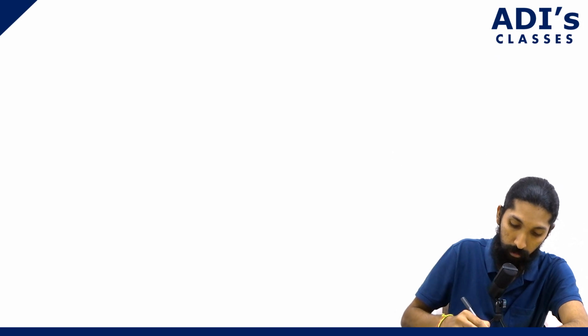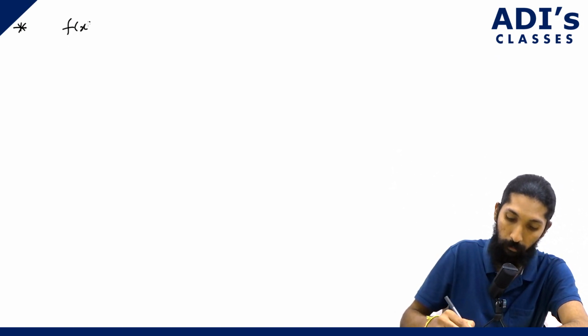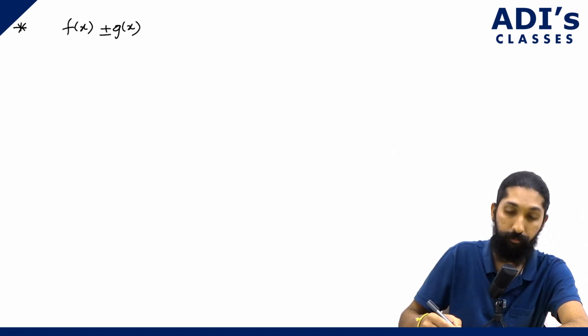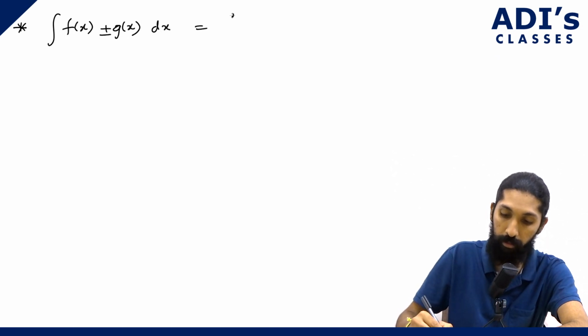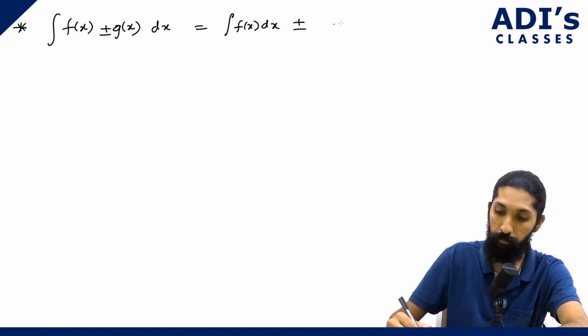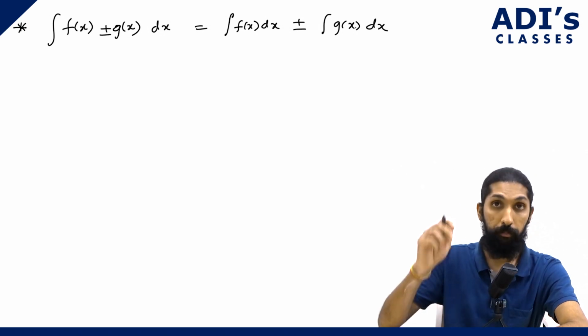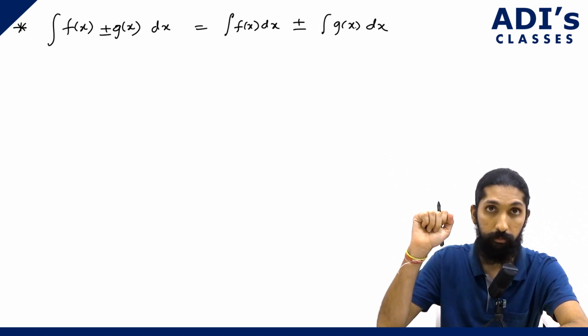Okay, the first one is that suppose you have f of x plus or minus g of x, integration of this dx equals integration of f of x dx plus or minus integration of g of x dx. That means you can split the integral.